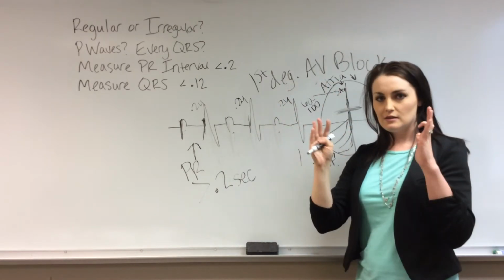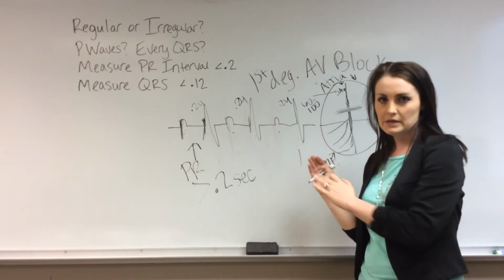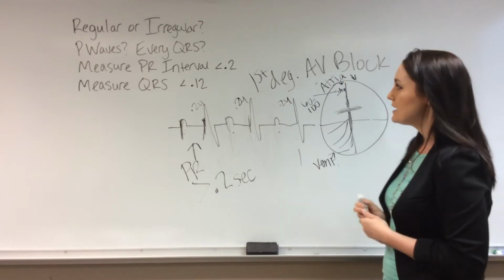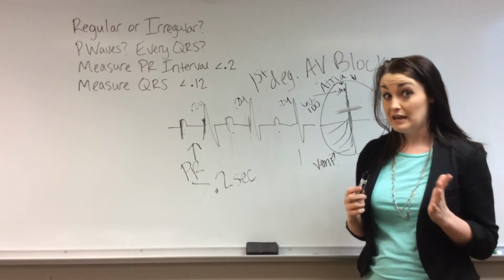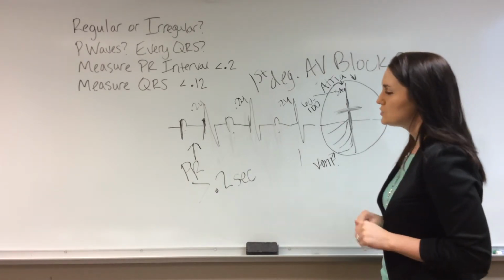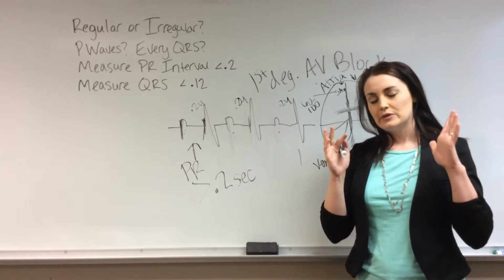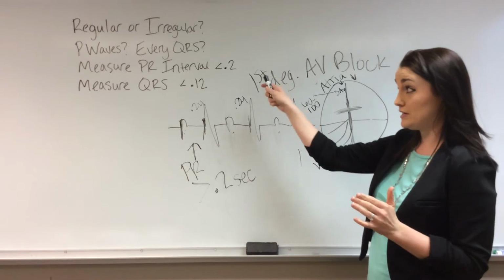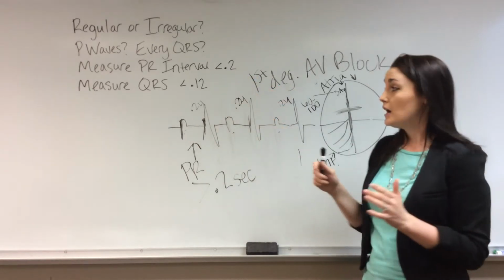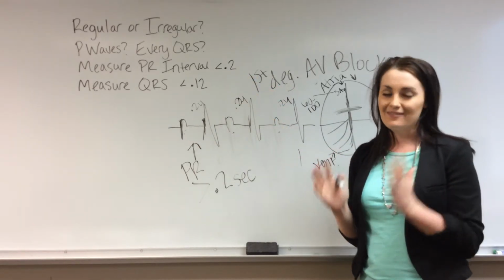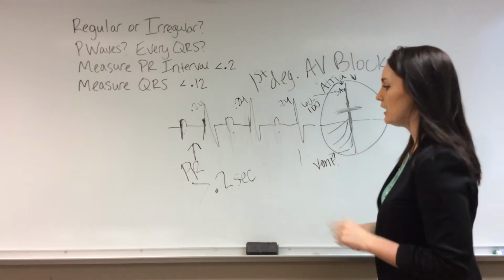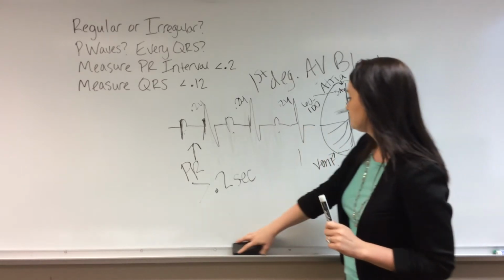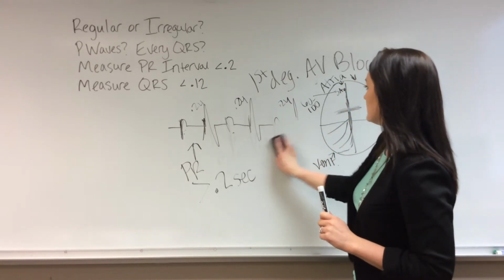So it's a consistently prolonged PR interval. That is the first degree AV block. So whenever you have issues with your PR interval as you're going down your list here, you're going to think AV block. So PR, AV block. That's the first degree.